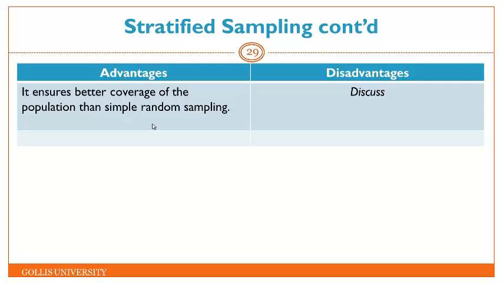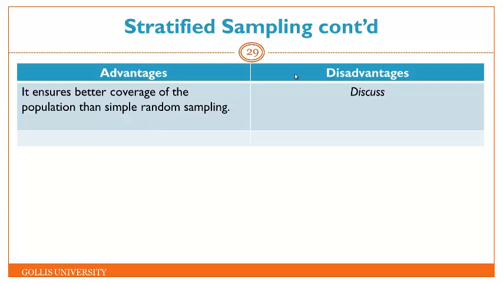For example, if the number of those particular characteristics you're looking for is more and the others is less, representation will be equal. If more of your participants are male, then you select a higher sample from the male side, and if fewer are female, you select a smaller sample from the female side.